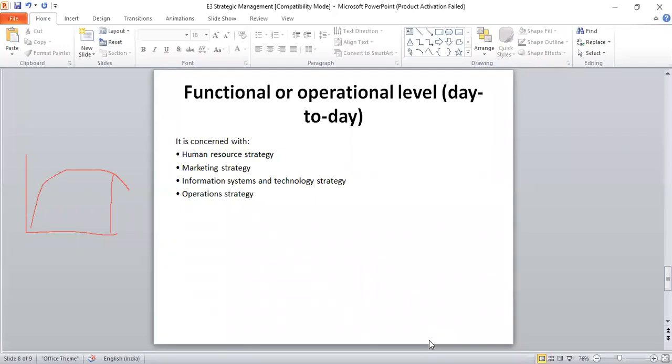So at the implementation level, they're more focused on how to actually implement that. When it comes to implementation, we also call this the functional level or the operational level.